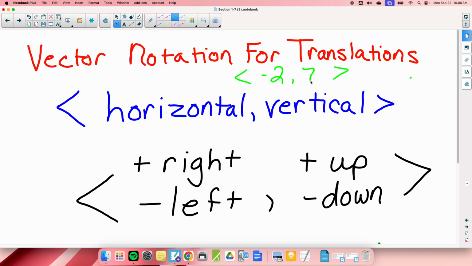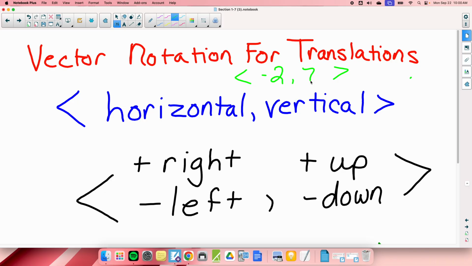So here's the deal. The first number tells us where to go left or right, just like if we were graphing a point. And if it's negative and we were graphing a point, wouldn't we go 2 to the left, right? Do you guys get that? And if it's a +7, we'd go up 7.